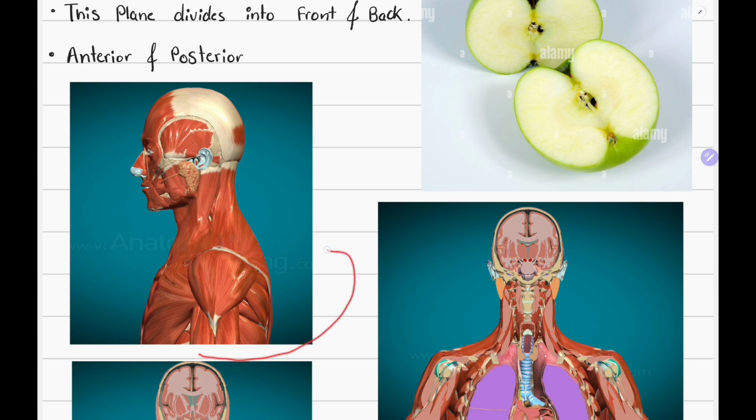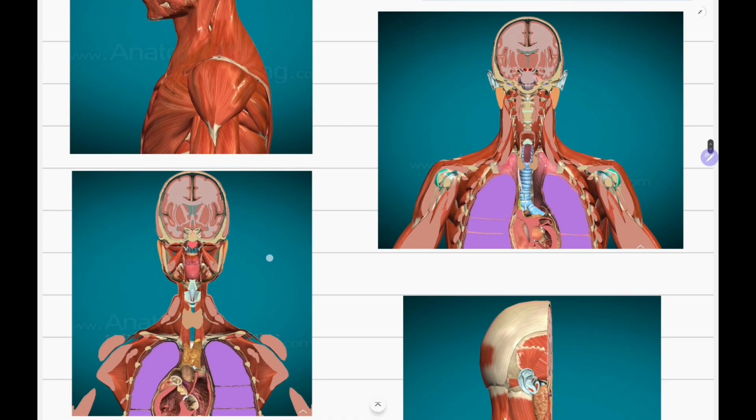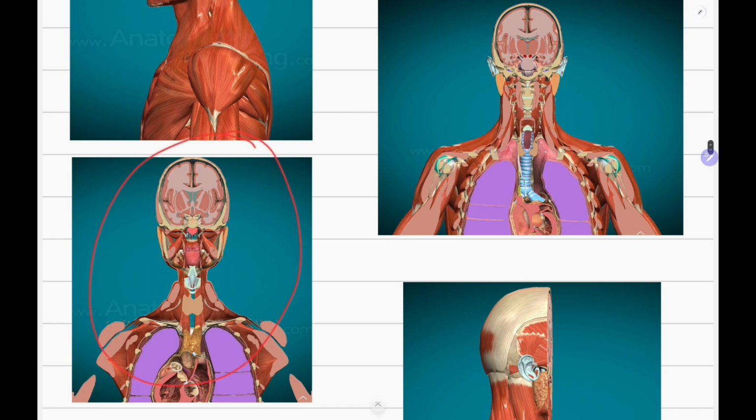So I have to go backward or go in front to view the sliced organs. If I wanted to see the anterior part, I have made a plane and cut the body along this plane, and I'll remove this posterior part, change my angle of point of view, and what I'll get to see of the anterior part is something like this right here.